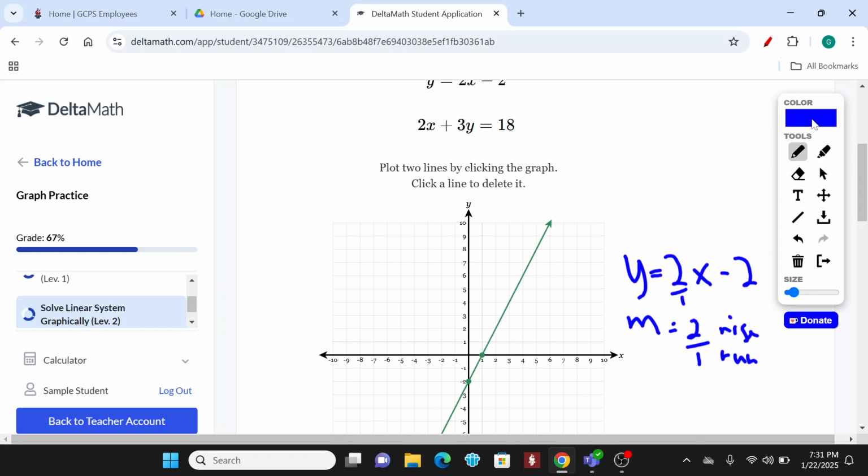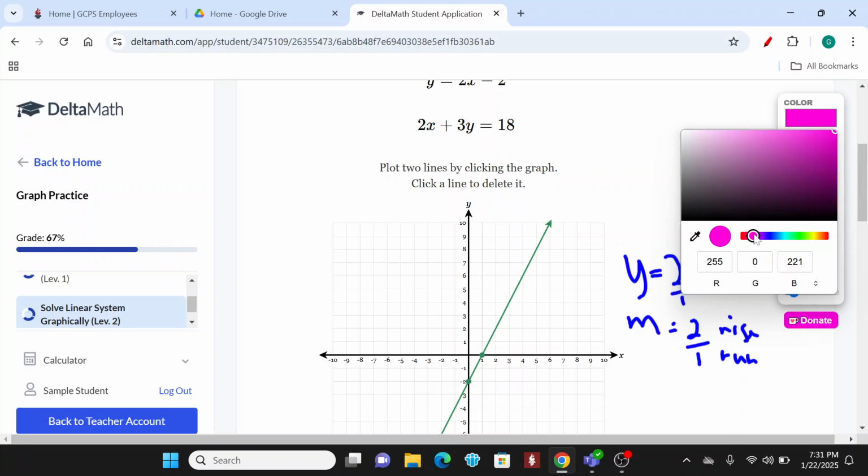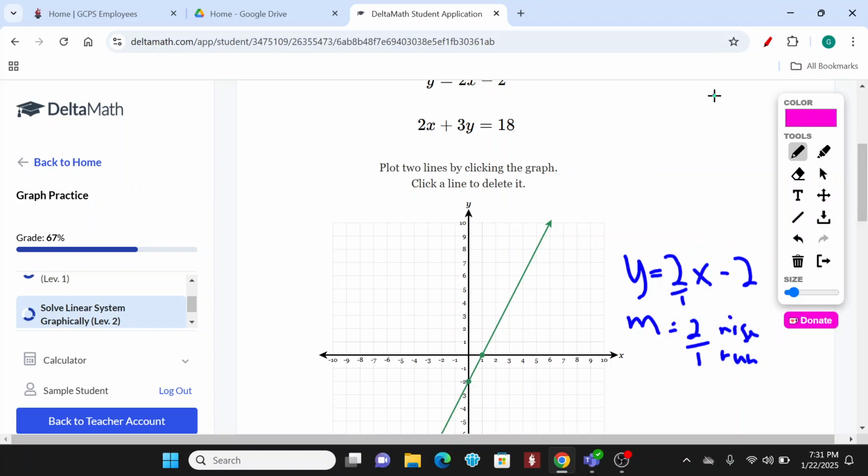Now let's do our second problem. Well, first, it's not in our y equals mx plus b form. So we need to subtract 2x from both sides. Okay. And then we're left with 3y equals 18 minus 2x.